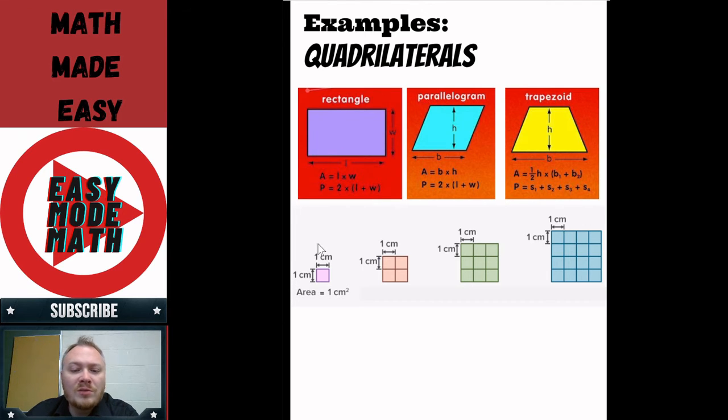So on this first one, that would be an area of 1 because it's a 1x1 square. Okay, now on this second one, there's going to be 4 of those squares, so that's going to be an area of 4. And we could get that by doing our same calculation of length times width. 2 times 2 is going to give us 4.